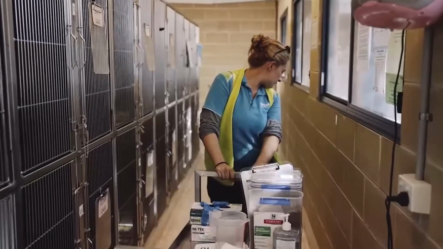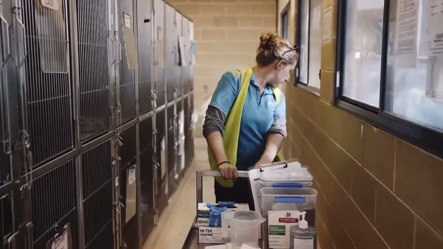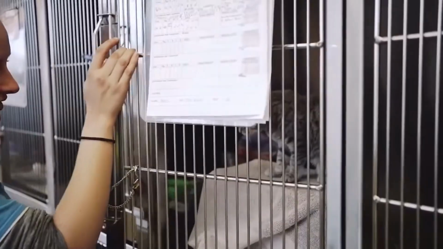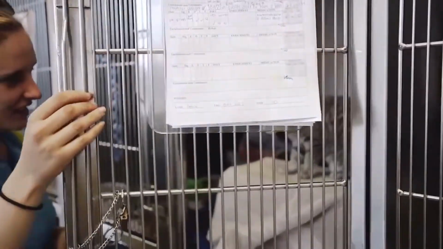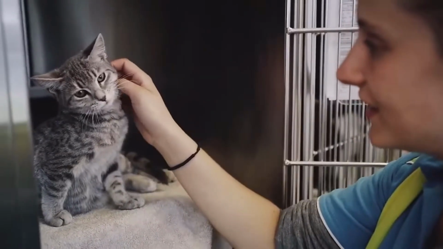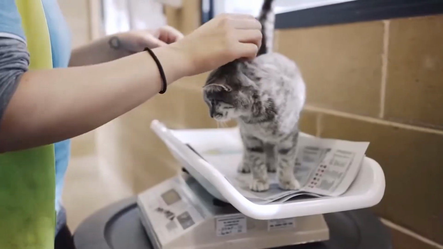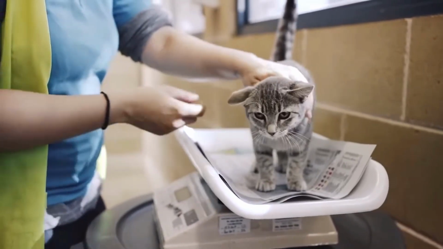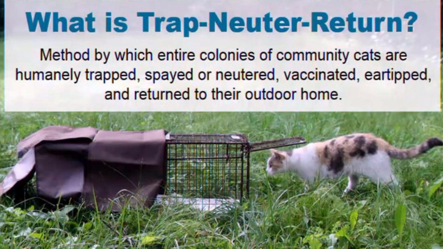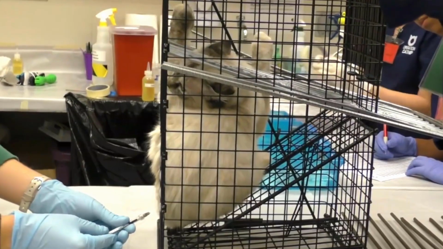For males, you're looking at about 15 minutes, for females maybe 20 minutes, and within an hour they're all up and about and they're recovered fairly quickly. Pain relief is involved in the process, so that makes the recovery even quicker. To this end, the method of TNR, trapping the cats, neutering and spaying them and returning them to their original habitat, is employed to prevent the breeding of stray cats.